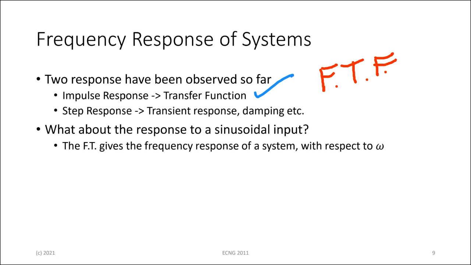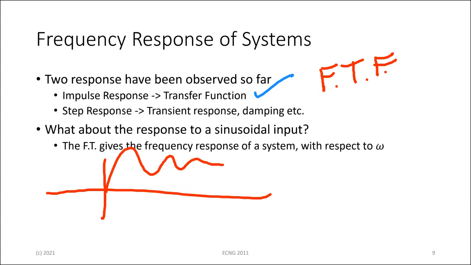The step response in the time domain gives you the transient response. And then we saw when we did second order systems that the step response gave us things like damping, overshoot, and the like. So the other part now is: what does a sinusoidal signal input to a system give us with respect to ω?